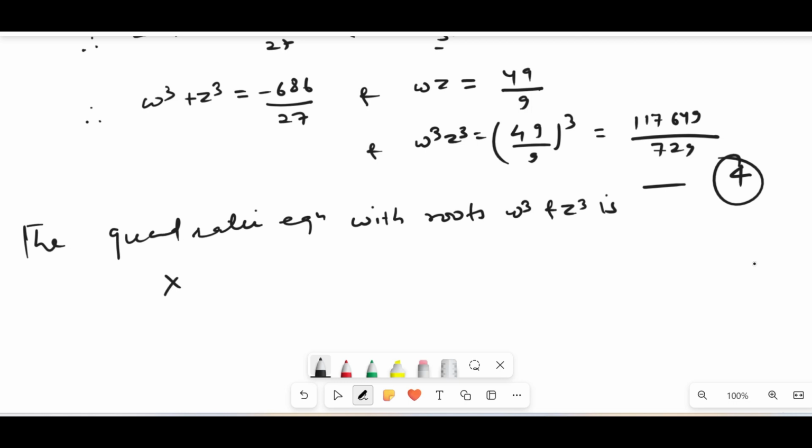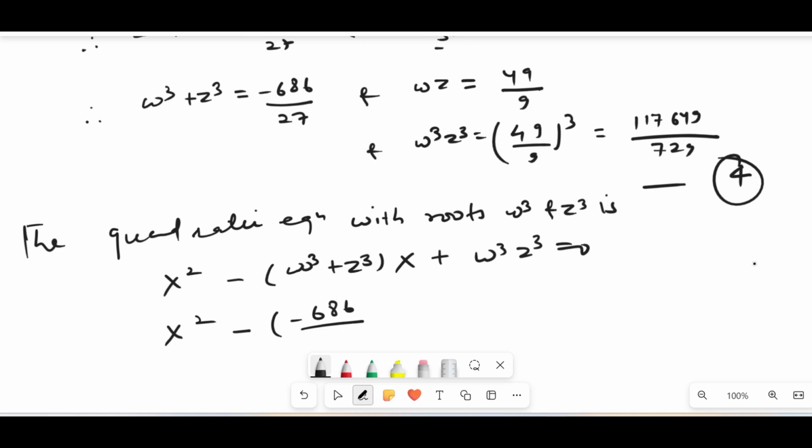That is x square minus (w cube plus z cube) multiplied by x plus w cube z cube is equal to 0. Put all the values here. It will give x square minus 686 over 27 x plus 117,649 over 729 is equal to 0.